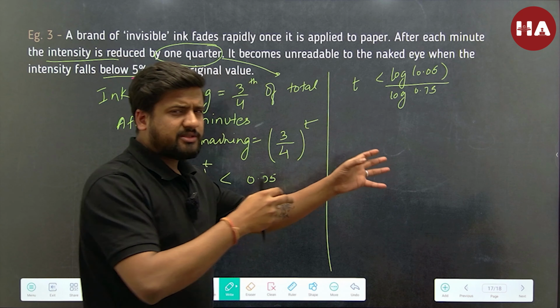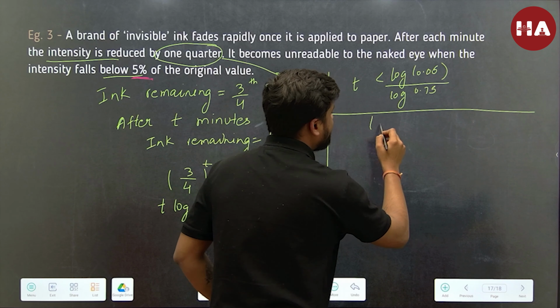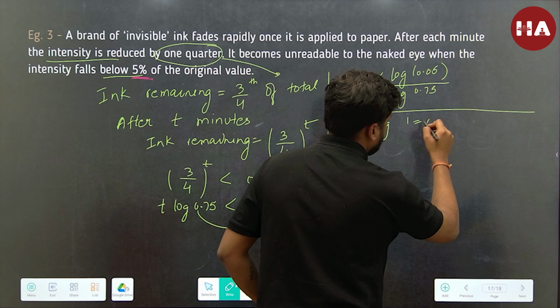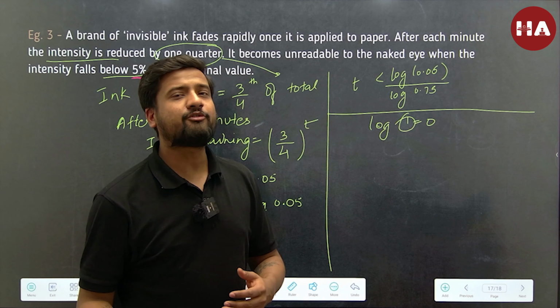I didn't tell you this, but I'm going to tell you right now. Log 1 was 0, right? So any number which is less than 1 will give you a negative log.